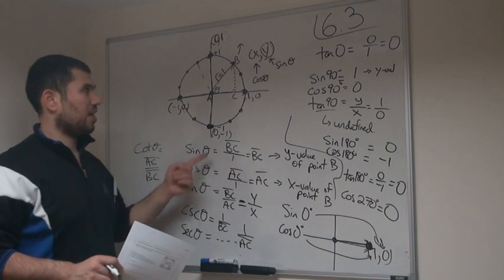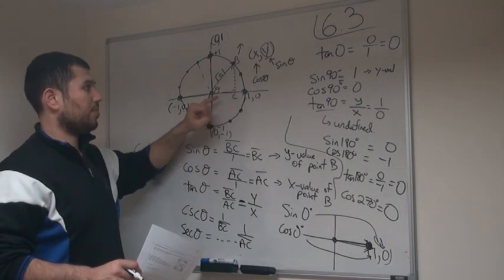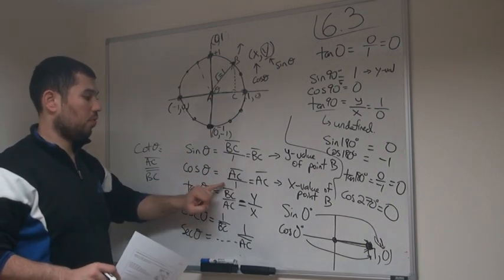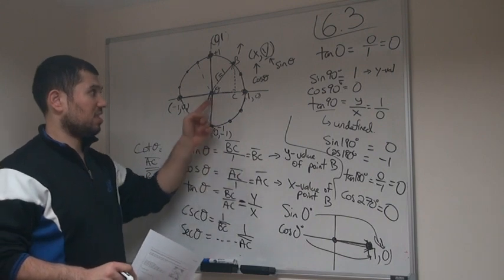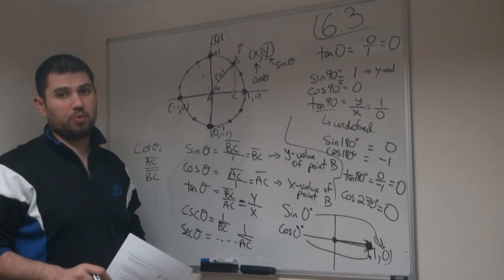The cosine of the angle is the x value of the point, because adjacent over hypotenuse gives me adjacent over 1, which is just the adjacent side. The adjacent side would be equal to the x value of that terminal point.